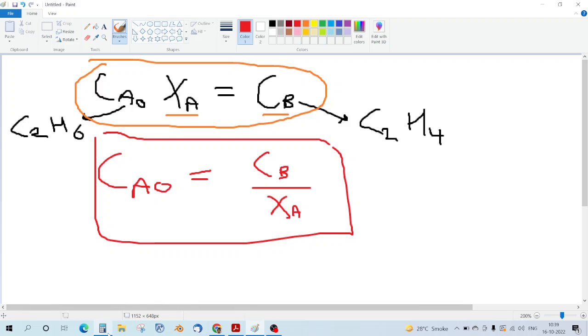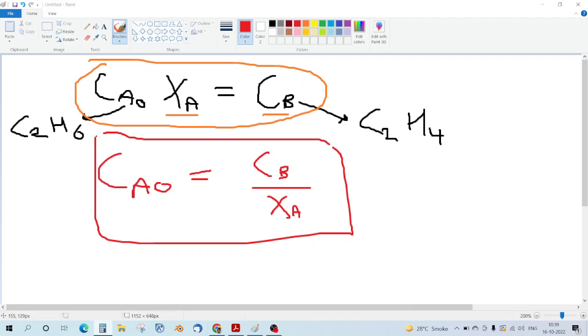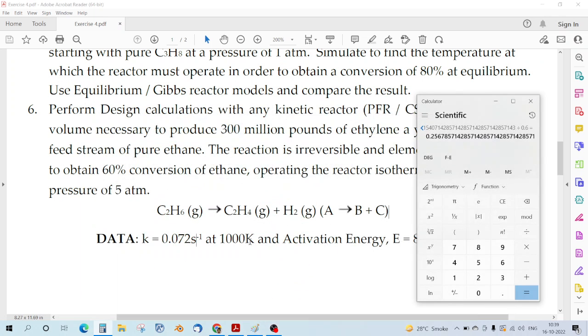So we get the feed: 0.2567 kilomoles per second of CA0, the feed of ethane, is required. Now let's move on to my DWSIM.